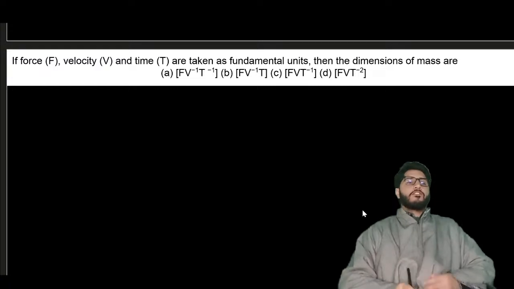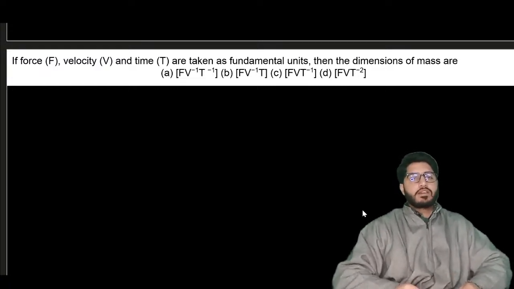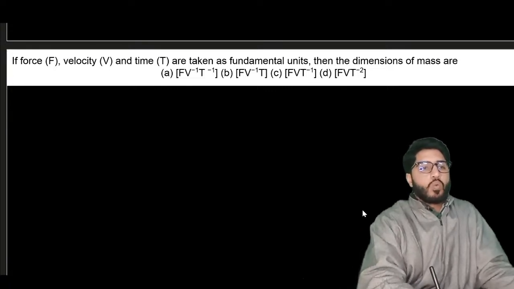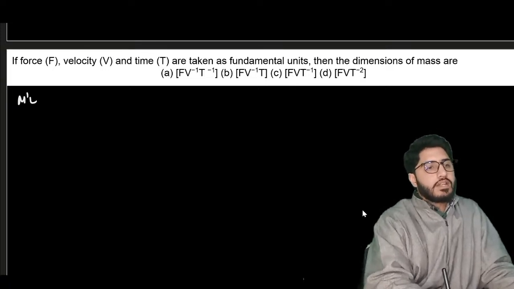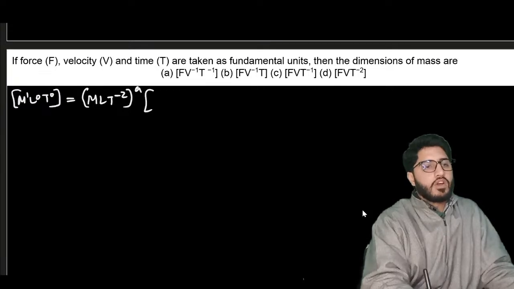Next numerical. If force, velocity, and time are taken as fundamental units, what are the dimensions of mass? So mass M1 L0 T0 equals force, which is M L T minus 2 power a, velocity L T minus 1 power b, and time T power c, right?